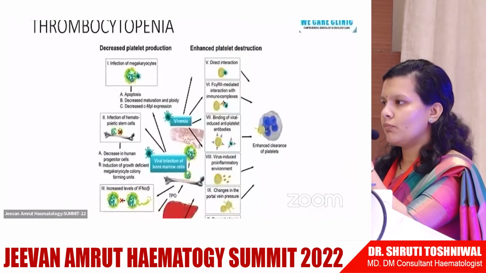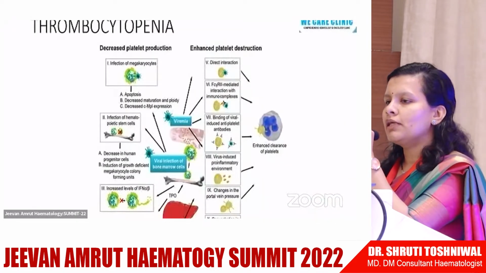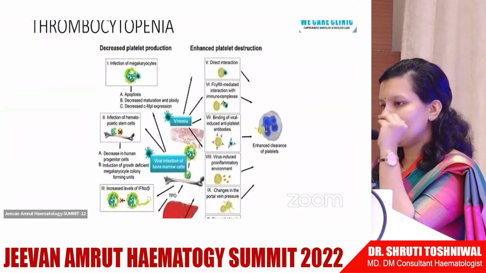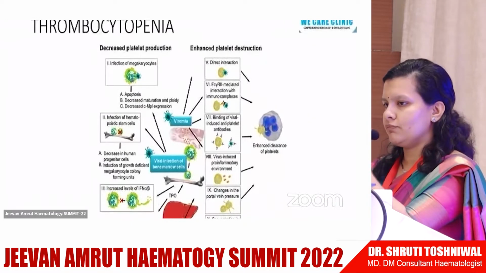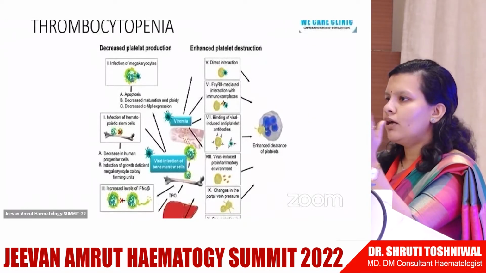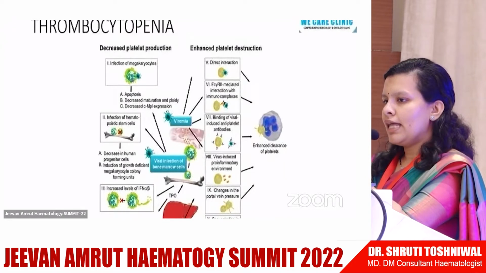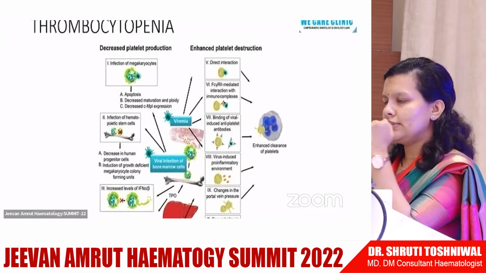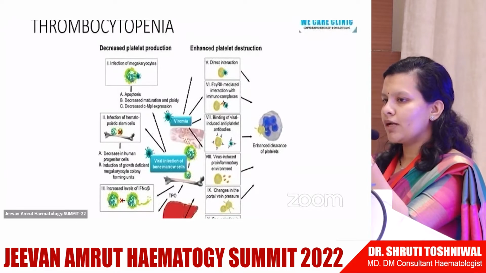So what exactly causes thrombocytopenia? In any viral infection, especially dengue, there are two factors which lead to thrombocytopenia: the early phase, which is the viremia phase, and the later phase. In the early phase, there is direct suppression of the marrow and infection of the megakaryocytes.